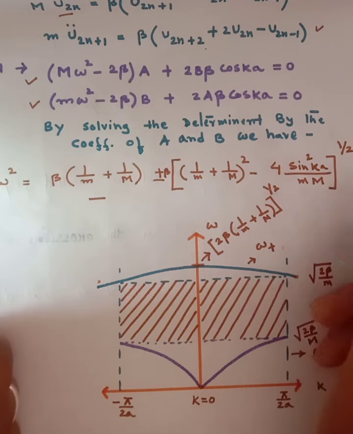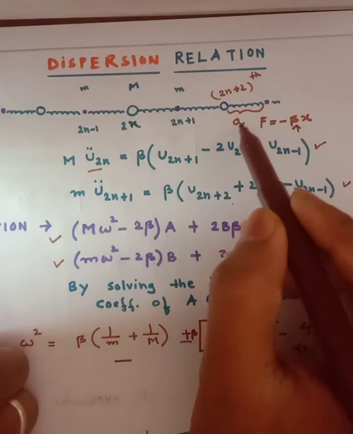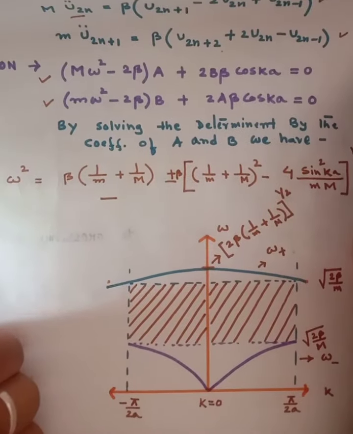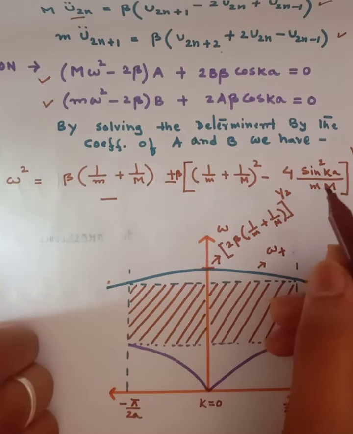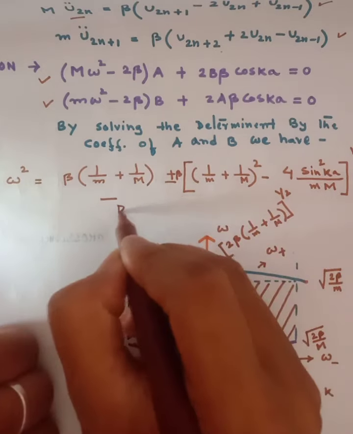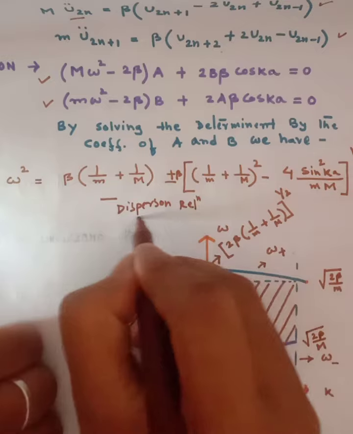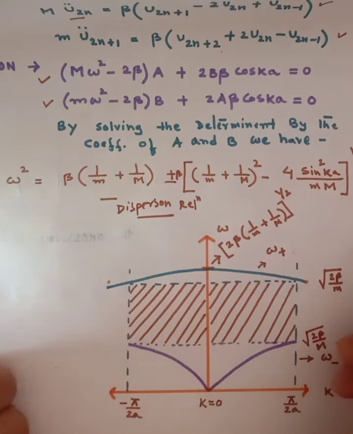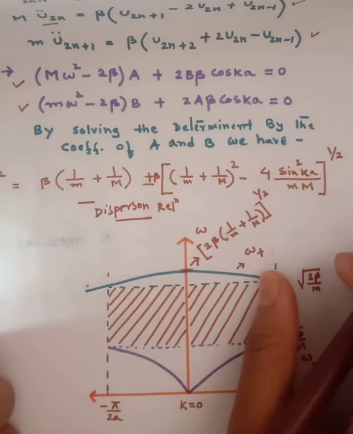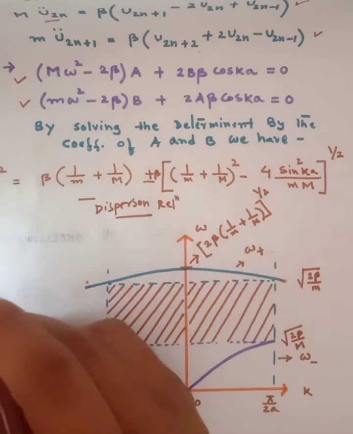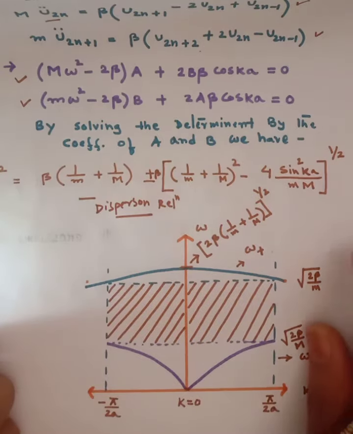Here a is the distance between two consecutive atoms. This equation is called the dispersion relation, and we have two values of omega, one for omega plus and one for omega minus.